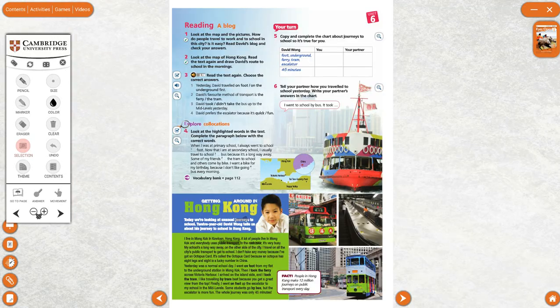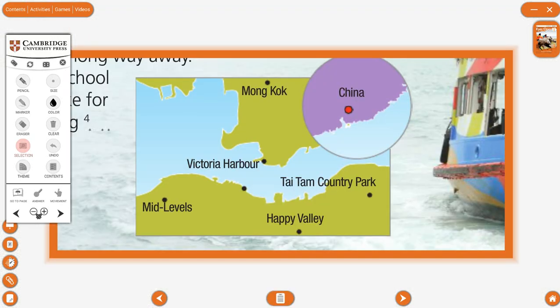Map of Hong Kong. Now Hong Kong is here, and his school is on the other side of the sea, and we will draw the route of David.